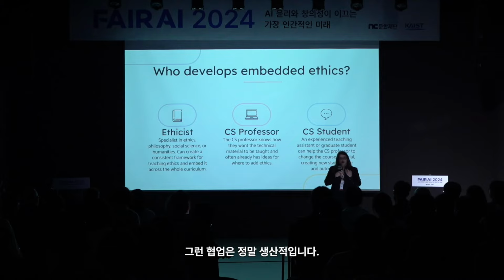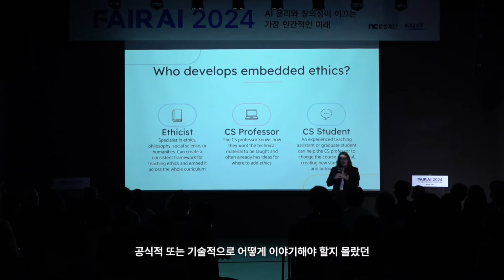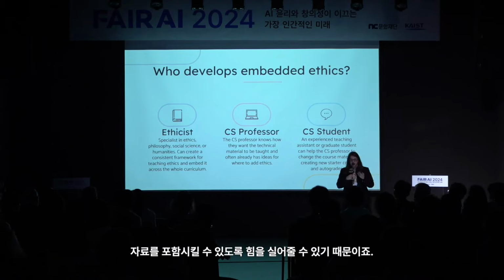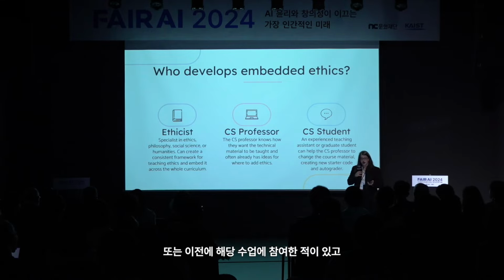And so that kind of collaboration can be really productive, because working together, the ethicists can empower the computer science professor to include the material that they want to include, but haven't known how to talk about in a formal or technical way.